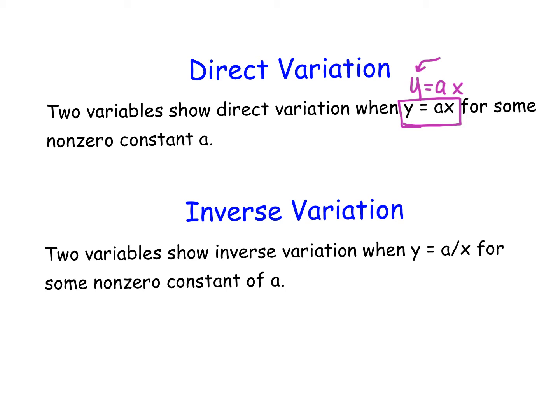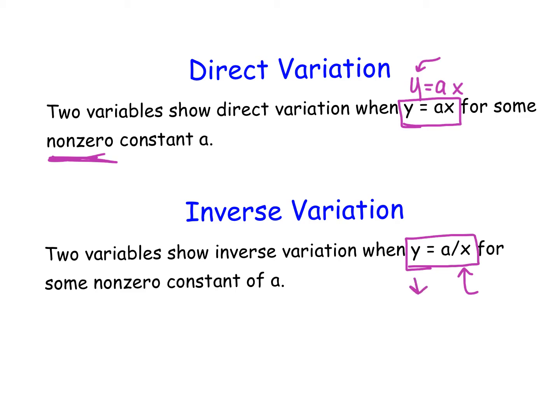So if we have an equation and we can rewrite it into this form where a is a non-zero number, we have a direct variation. On the flip side, two variables show an inverse variation when they can be written in this way: y equals a divided by x. And essentially what happens here is as x grows, y is going to become smaller.